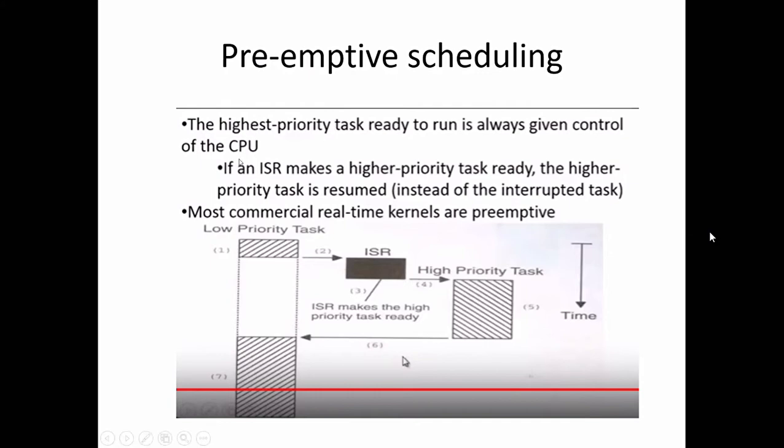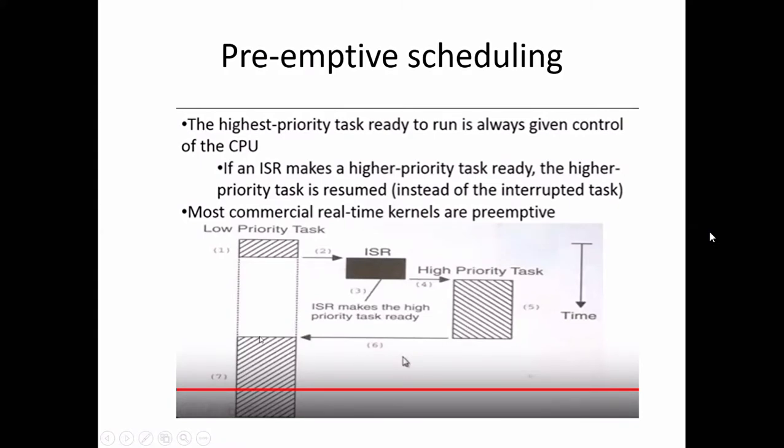If an ISR makes a higher priority task ready, the higher priority task is resumed. See, that is your interrupted task. Whenever there is an interrupt, there will be an ISR, right? The CPU will use the ISR to get the information of the priority of the interrupts, which we have studied already. After this, it will come back to the low priority task.